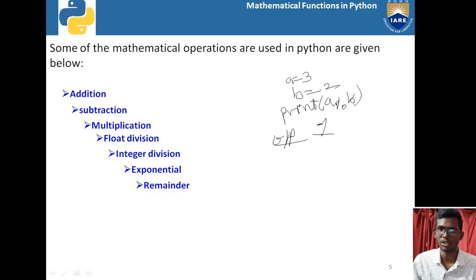It gives the remainder when we divide the given values. Okay, now you understand. So all our operands are completed. Now we go to another slide.